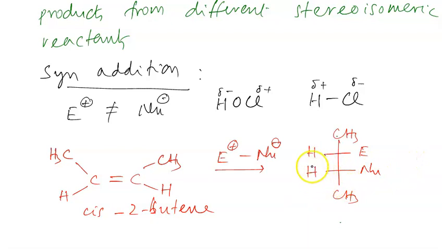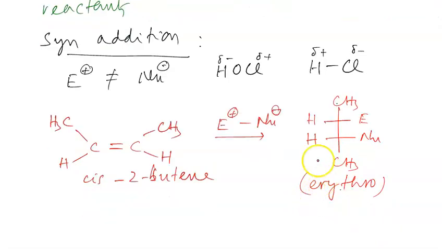Because these are two chiral carbon atoms and here two hydrogen atoms are on the same side, it is called erythro.